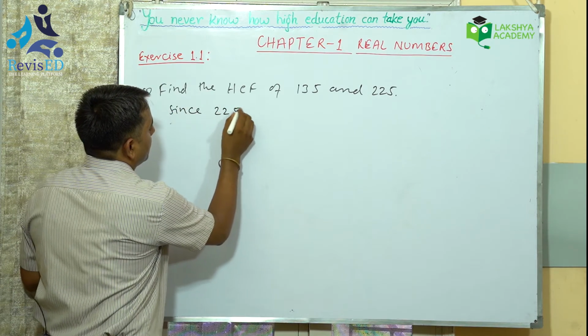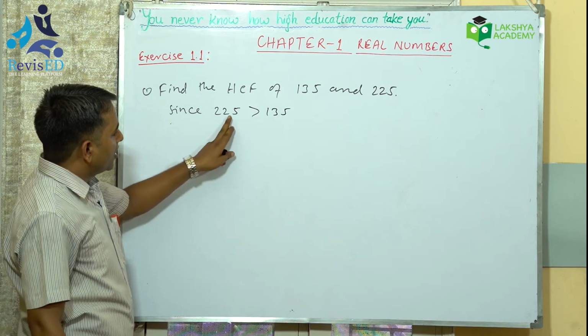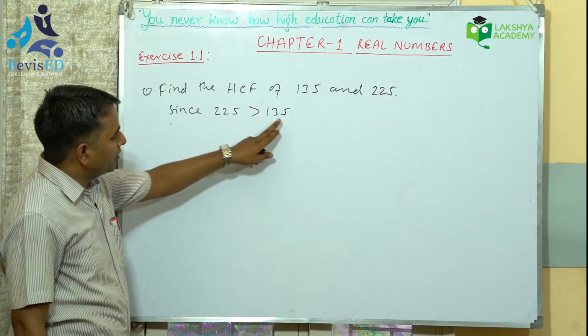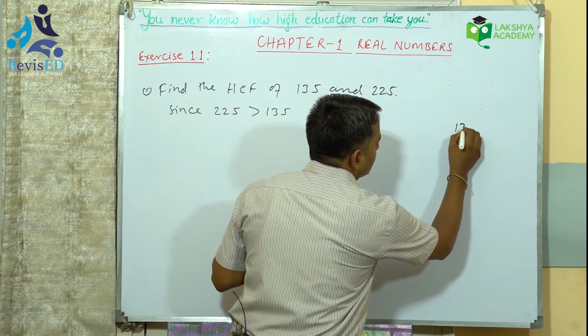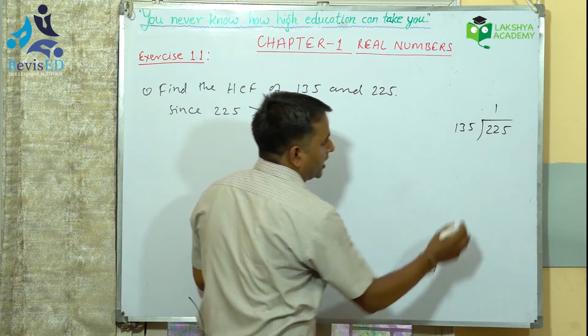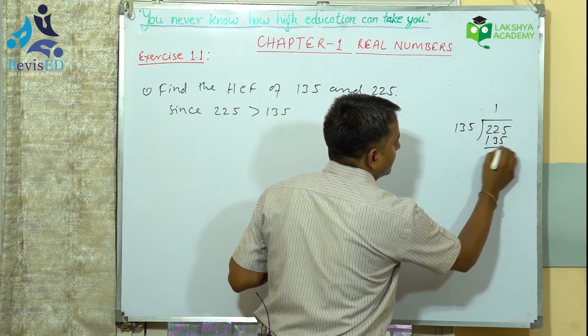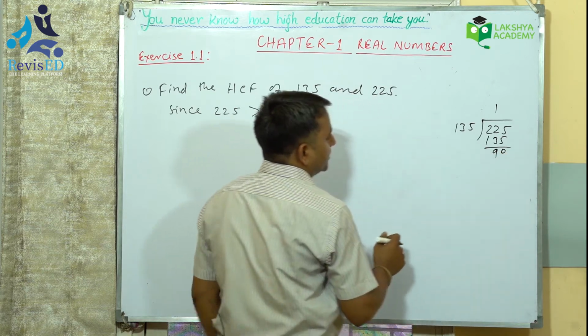Since 225 is greater than 135, on dividing 225 by 135, this will go one time, 135, and the remainder is 90.